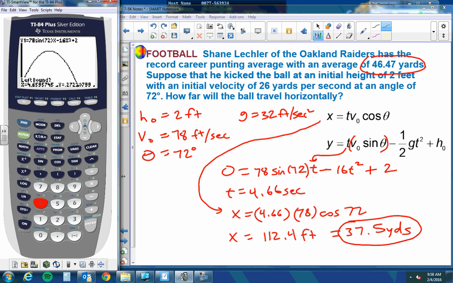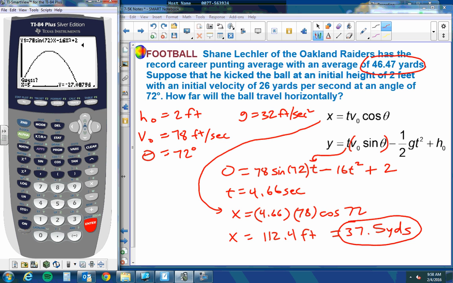You can cursor over, which would be kind of a pain. It's not horrible, but you can cursor over, or you can just type in something that's left of the center. 0 is on the screen, it's left of the center, so you can just type it in. For the right bound, this was 5 seconds here, 6 seconds here, right? So you can cursor back to the right of the center, or just type in something that's bigger than the center.